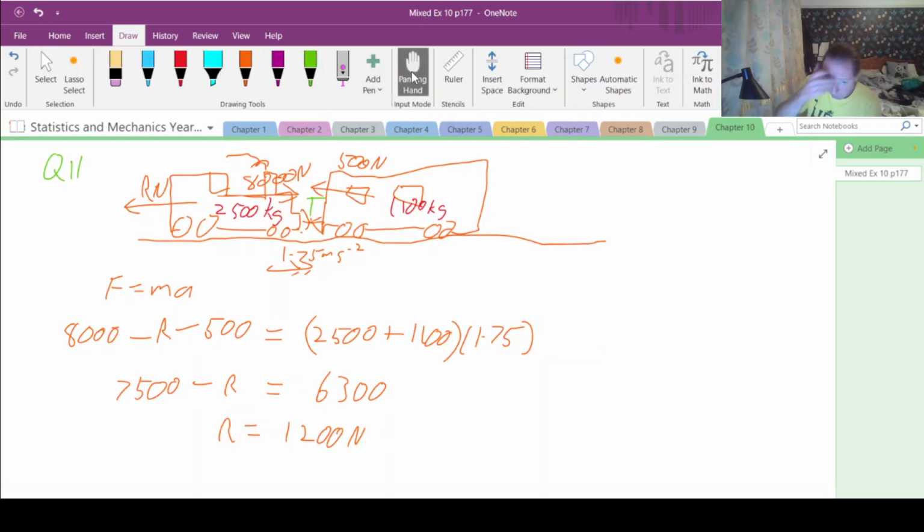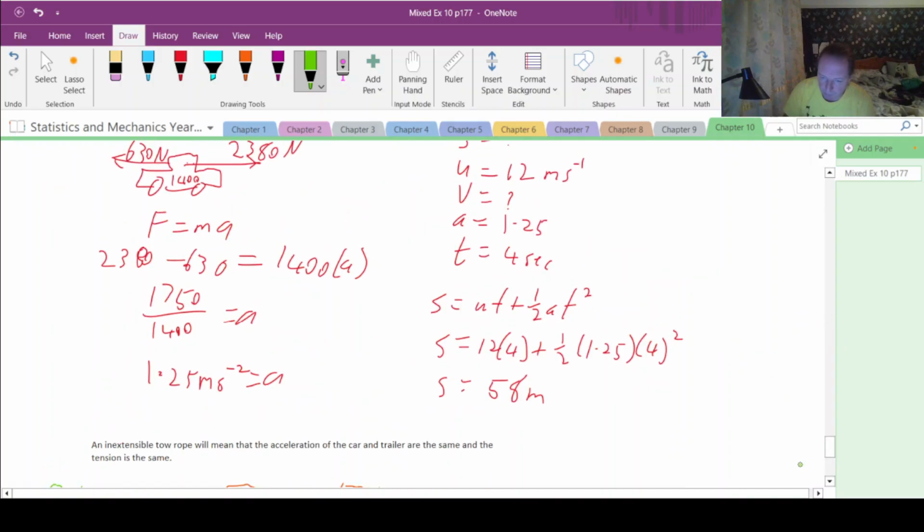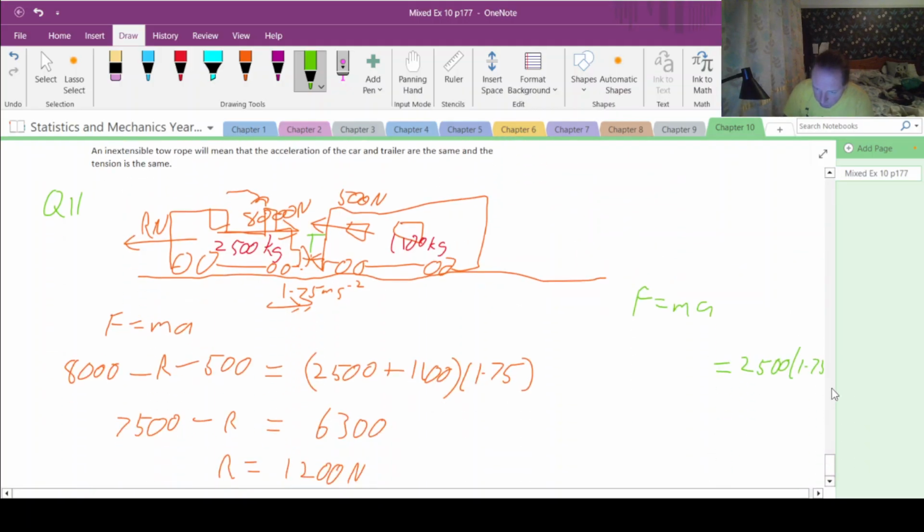So as we go forward with that, again, it's going to be F equals MA. The mass is the 2,500 and the A is the 1.75. Okay, so that does the MA bit.